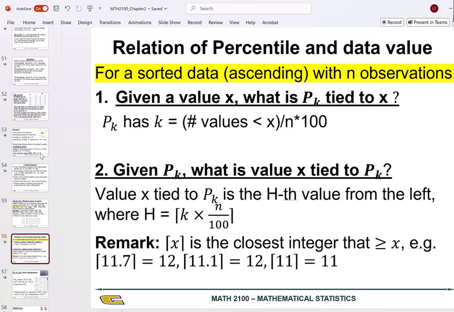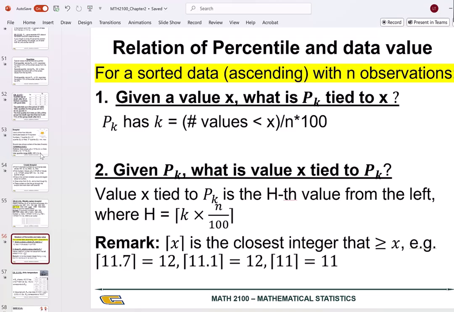And we take the ceiling here. The ceiling is just the closest integer that is greater than or equal to x. For example, the ceiling of 11.7 is 12. The ceiling of 12 is 12. But remember, the ceiling of 11.1 is also 12.